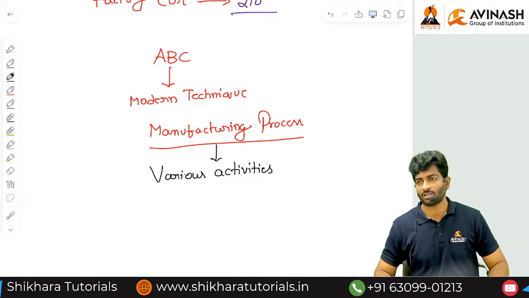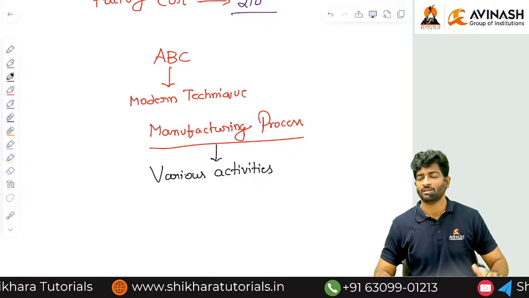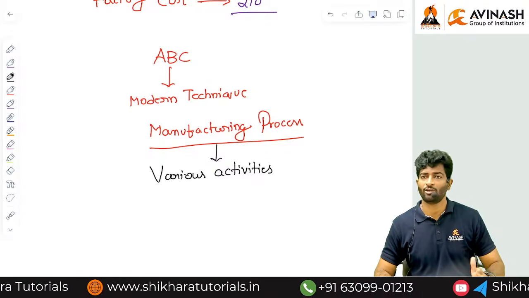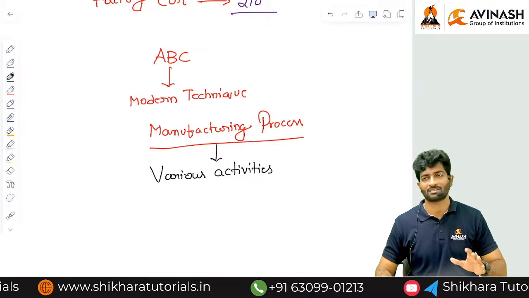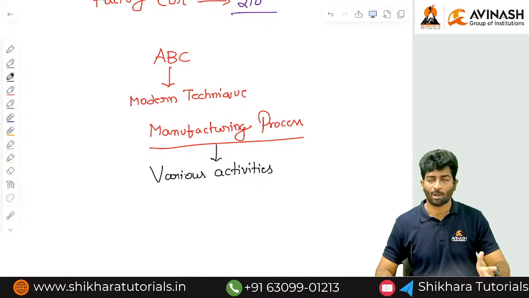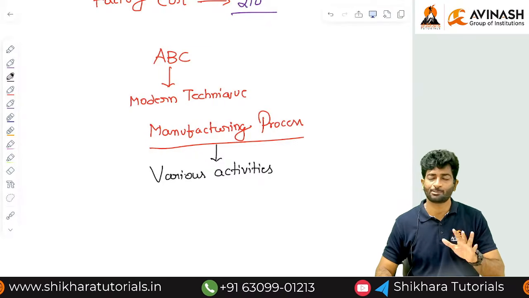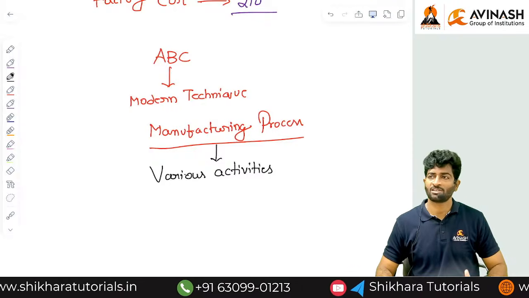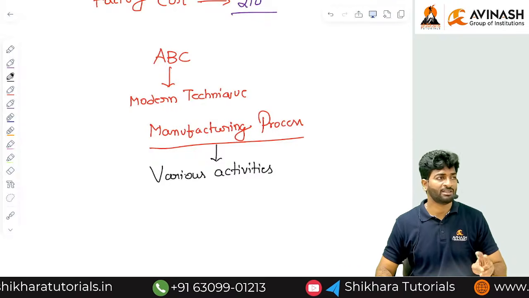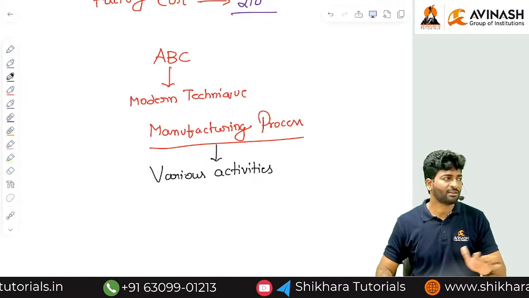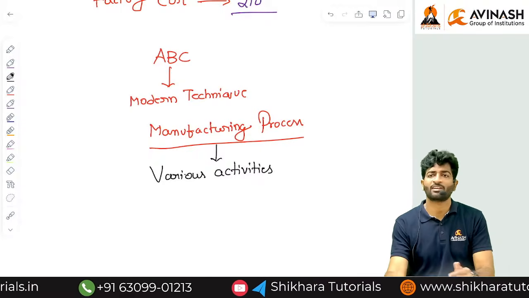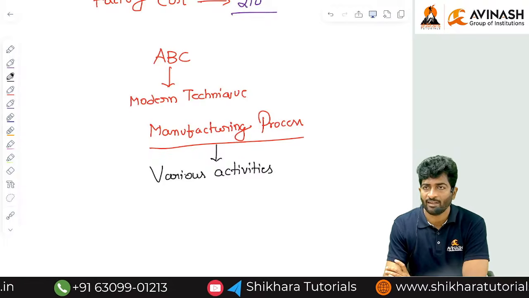Based on the number of requisitions, they are issuing the material and you are incurring the cost. Say in between you are conducting some inspection for raw material or inspection of finished goods, whatever it may be. Inspection is an activity which is driving the inspection expense to be incurred. If you are not conducting any inspection, how are you going to incur inspection cost?